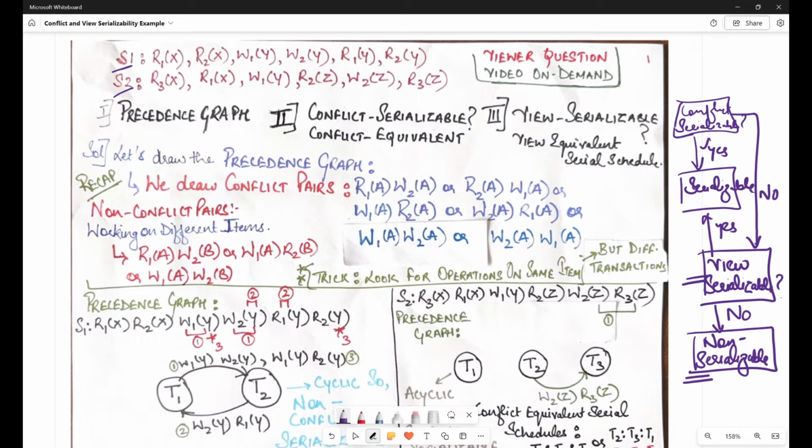So step one is that you check conflict serializability, one of the methods is to draw the precedence graph for it, and step two is that if you get to know that this is non-conflict serializable, then you go for the view serializability check, and after that you get a confirmation whether the schedule is serializable or not.